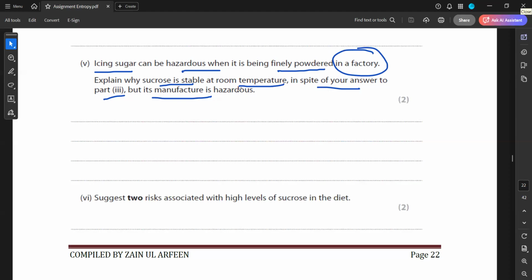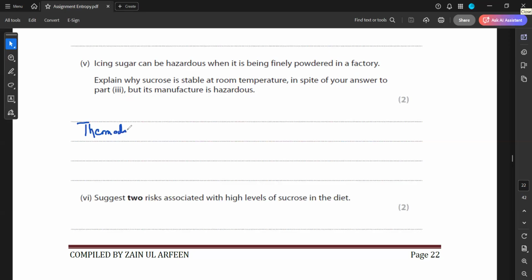So first thing, when the reaction is exothermic, when we define the reactant, we use the term thermodynamically stable, and we use the term kinetically stable. What is the meaning of thermodynamically stable? It means the reaction will occur.